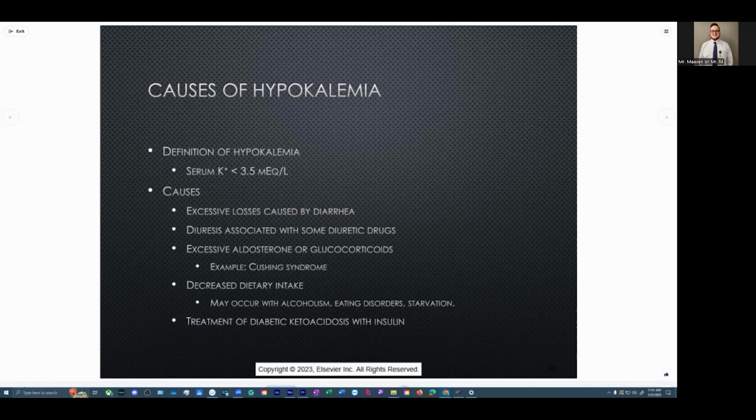Excessive aldosterone and other glucocorticoids. These are the hormonal steroids produced by our adrenal gland. One is Cushing's syndrome. If you don't remember Cushing's syndrome, it's excessive secretion in the adrenal glands, excessive cortisol levels. This, along with the excessive aldosterone. What does aldosterone do? Well, Cushing's is basically this hypersecretion of all the adrenal glands. And so it's going to affect the immune system, but it's also going to affect sodium retention.